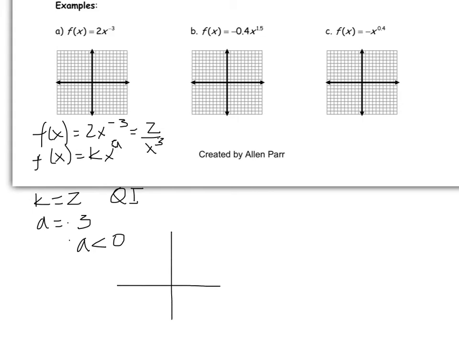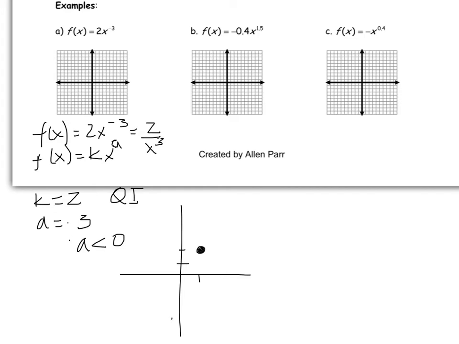My pen is way too thick for that graph, but you can follow along. My graph is first going to be in quadrant 1. It's going to go through the point (1, k), so the point this graph goes through is (1, 2), because my k value is 2.